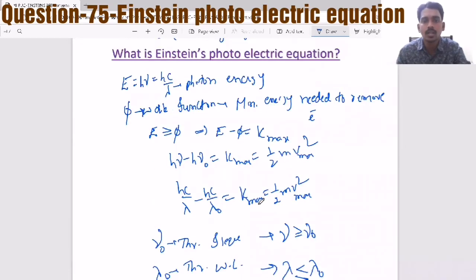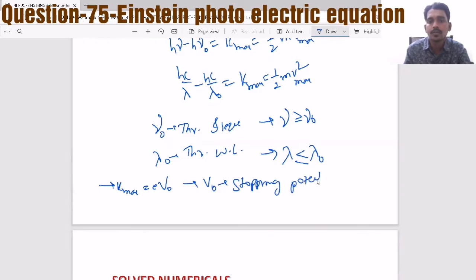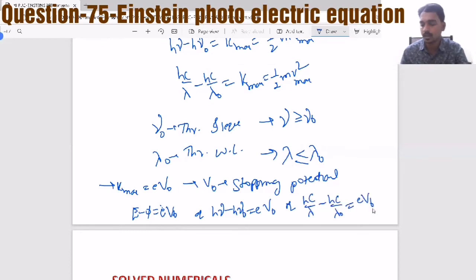So this equation we call the Einstein photoelectric equation, and K maximum is also equal to eV naught, where V naught is the stopping potential, the negative anode potential for which the photo current becomes zero. So the equation becomes E minus phi equals eV naught, or h nu minus h nu naught equals eV naught, or hc by lambda minus hc by lambda naught equals eV naught.